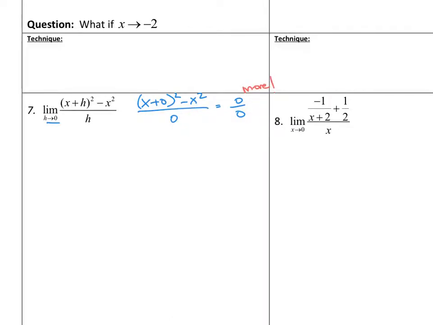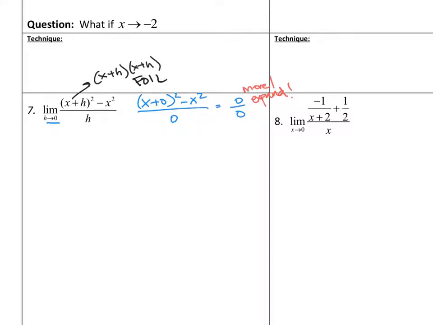Now in this case, if you look at the x plus h squared, we need to expand this to simplify. In order to expand this, you multiply it by itself and do FOIL.